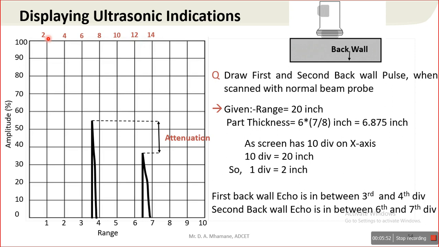So as the value of third and fourth division is 6 and 8, and we have part thickness 6.8, the first back wall comes in between 6 inch and 8 inch, it is like this, and the second back wall echo comes in between 12 inch and 14 inch, it is shown in between 6th and 7th division.